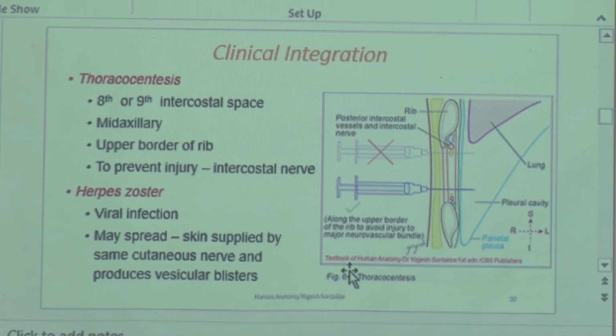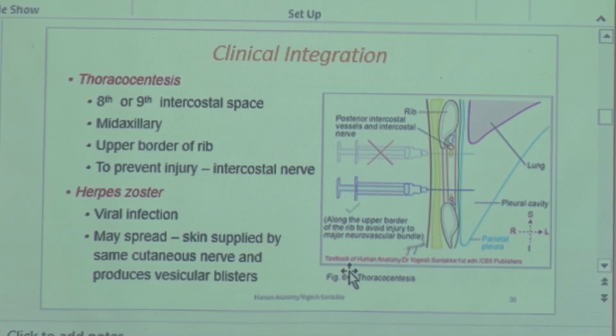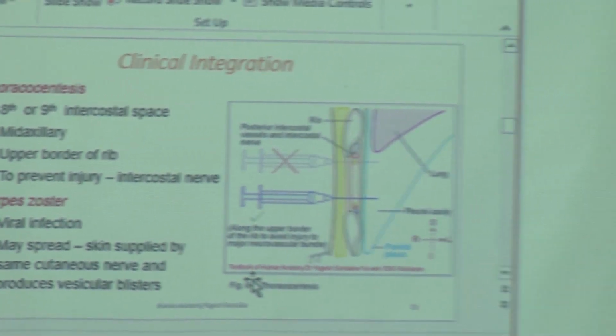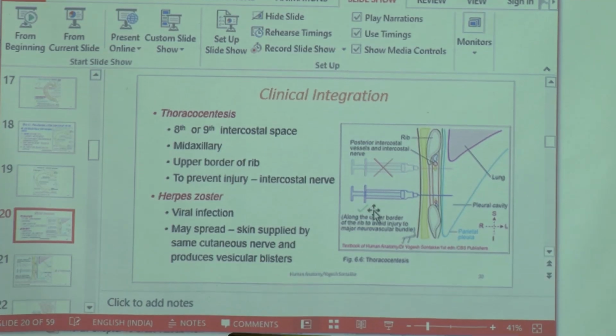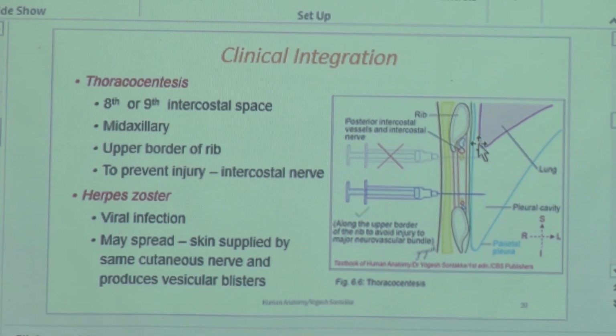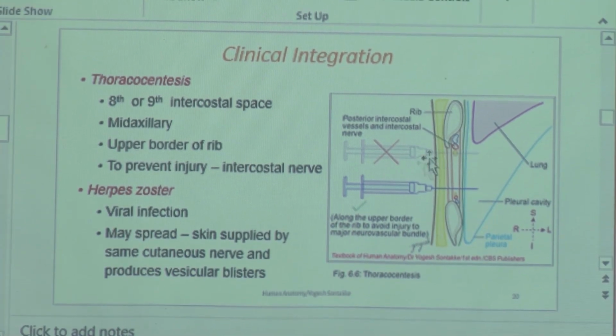This is very important clinical anatomy. You can see a syringe inserted in the intercostal space. The upper part of the intercostal space is traversed by the vein, artery and nerve.